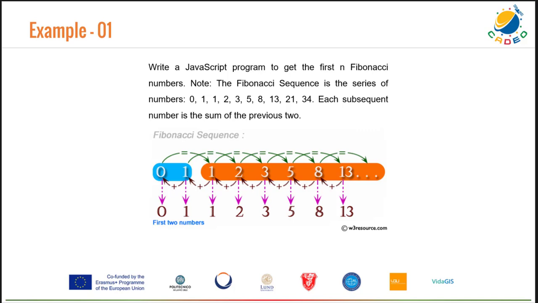Each subsequent number is the sum of the previous two. For example, the third number is the sum of the first and second numbers. The fourth number is the sum of the second and third numbers.